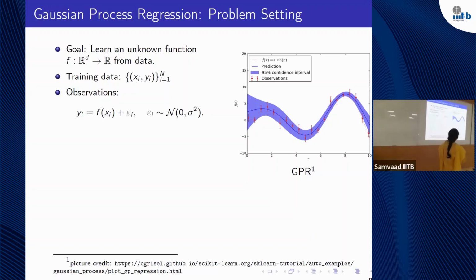So let's look at this figure. Here, there is a dotted red curve, which is the actual function f of x equal to x sin x, and which is not known to us. But we are given some observations of this form, that unknown function f plus some noise added to it.